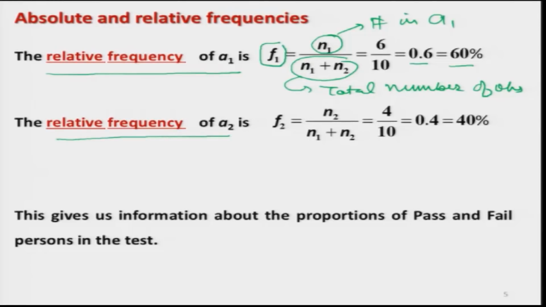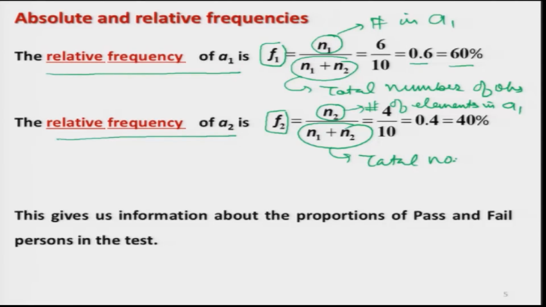Similarly, the relative frequency of the second class A2 is denoted by F2, and its definition is similar to that of F1: the total number of elements in category A2 divided by the total number.